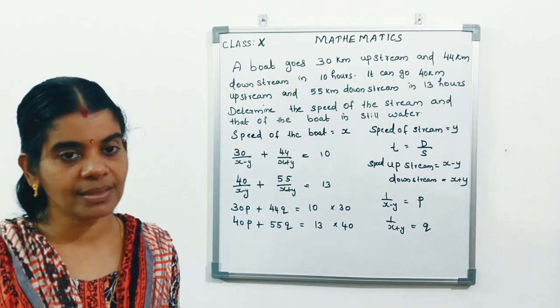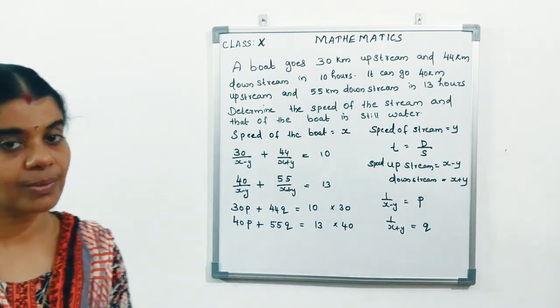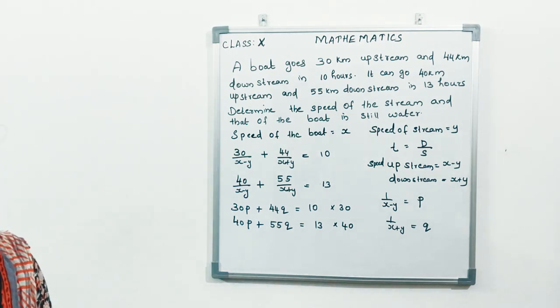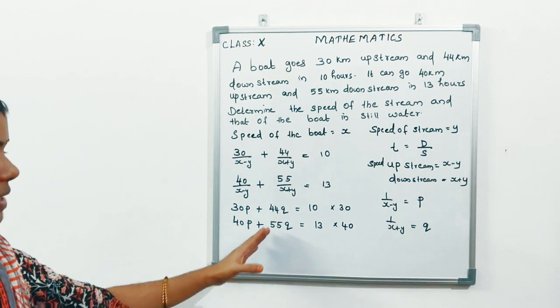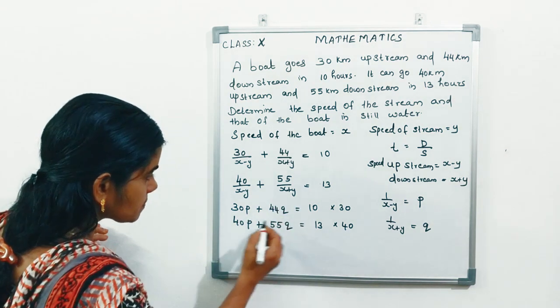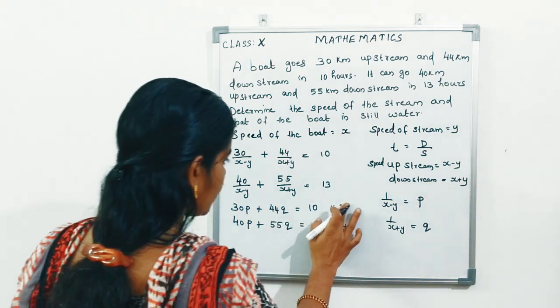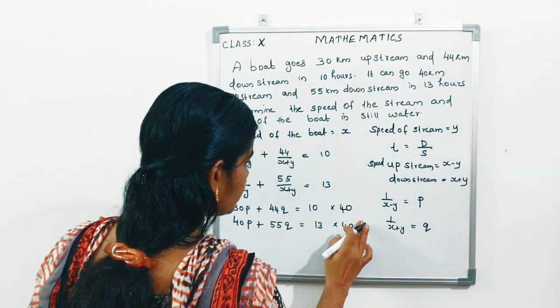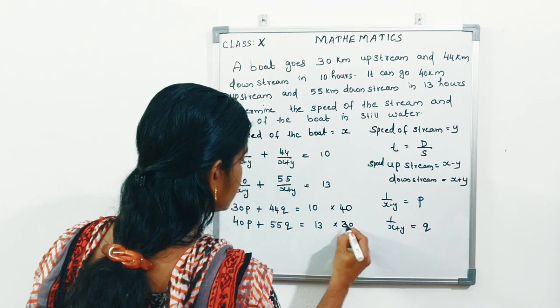Normally we use the cross multiplication method, which is a little easier, but this year that portion was deleted. That is why we are using the elimination method itself. So multiply the first equation by 40, interchange the coefficients, and multiply the second with 30.